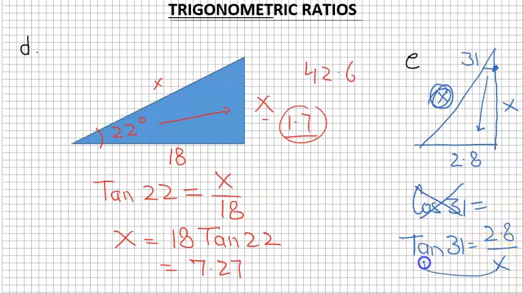Now this x is a replacement. So x is equal to 2.8 over tan 31. And 2.8 over tan 31 is 4.6. So these are roughly the same, so the answer is 4.6.